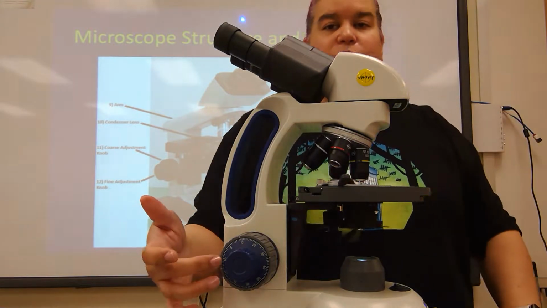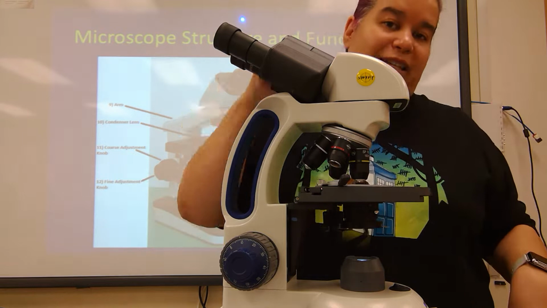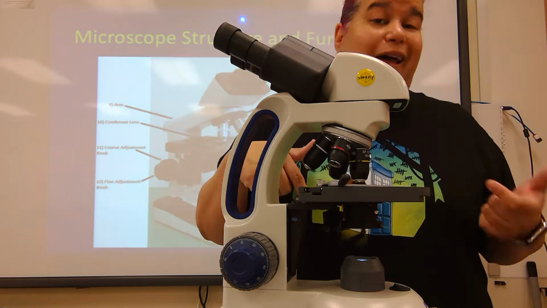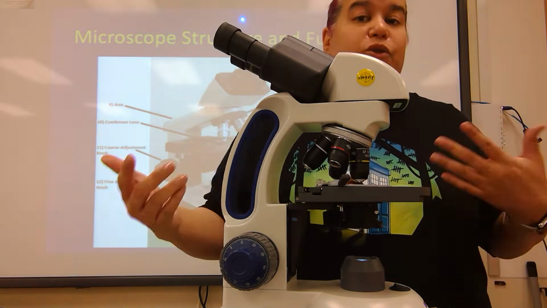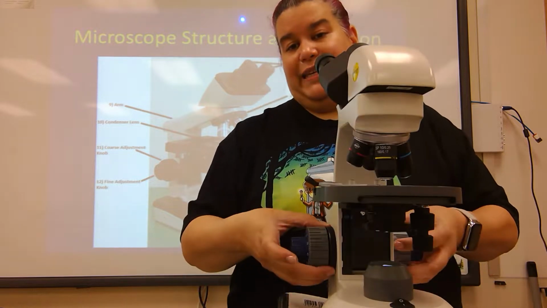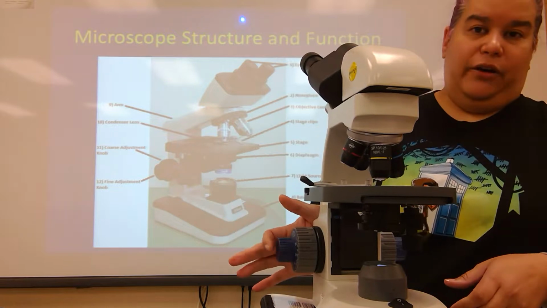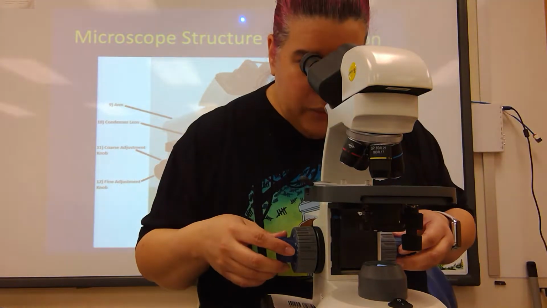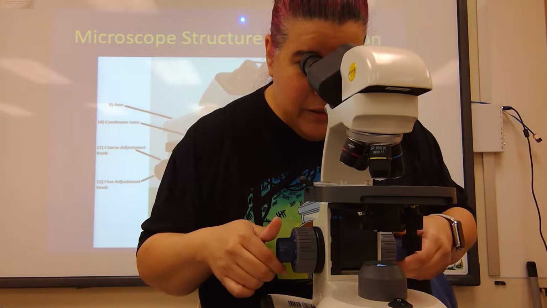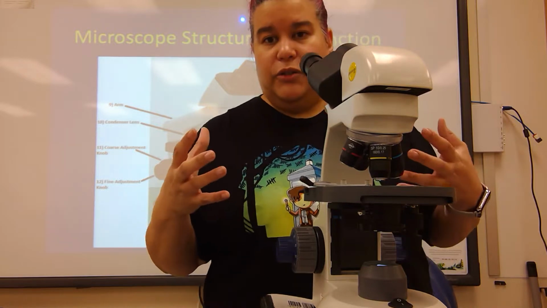If I were to use the coarse adjustment and move the stage a lot, there's a real good chance that my objective would jam into my slide, break the slide, possibly break the objective. So instead of using the coarse adjustment in here, I'm going to use the fine adjustment knob here. That helps me to focus without moving so much.